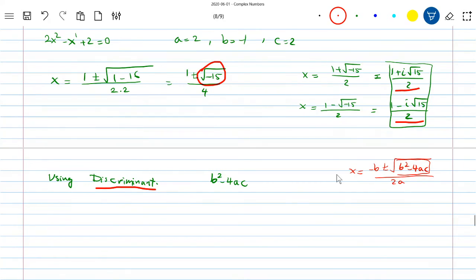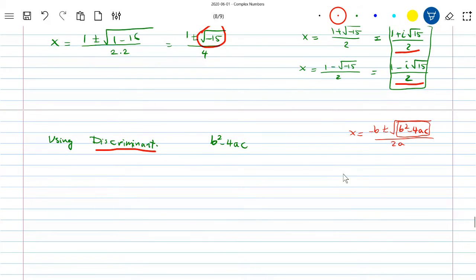This tells you some information about the solution that you're going to get. If b squared minus 4ac is a positive number, which means it's greater than 0, then I can say I have two real solutions.